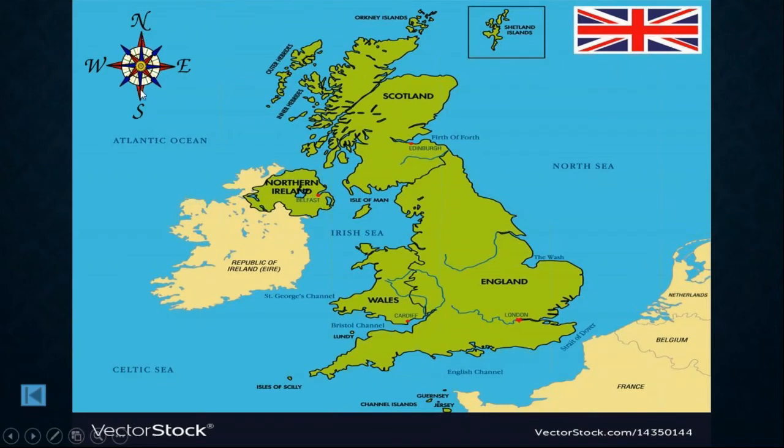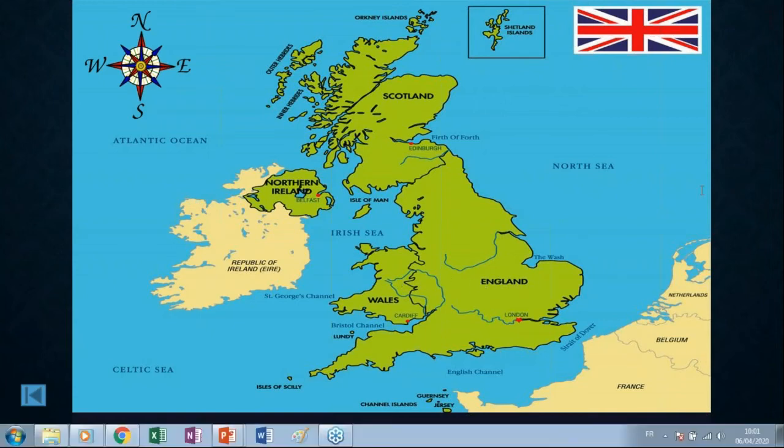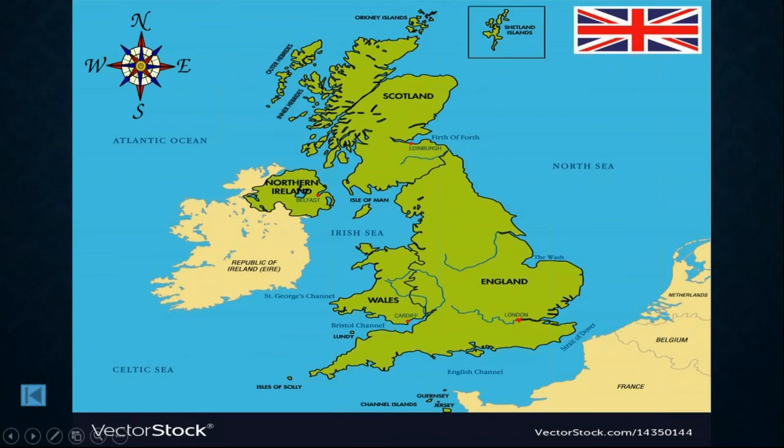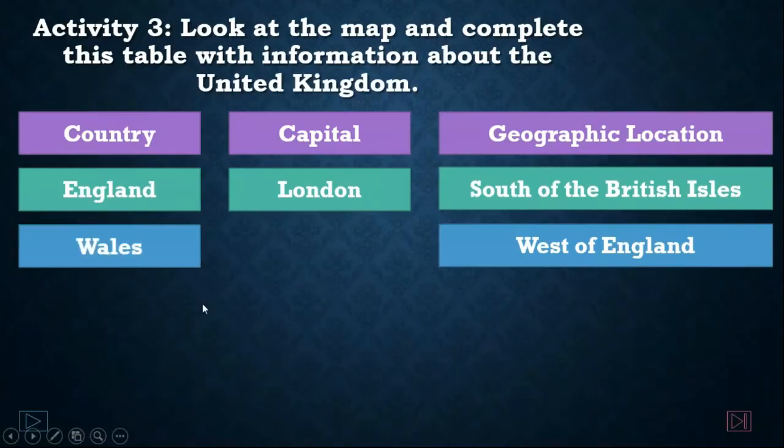So we have the north, the south, the east, and the west, right? This is England, and this is the west of England. So what do we have on the west? Wales. Yeah, so it's Wales. The capital of Wales is Cardiff. Okay. It's Wales, and the capital is Cardiff.